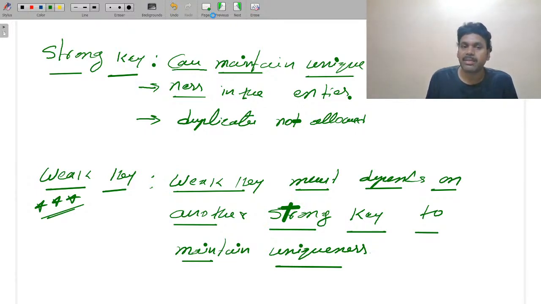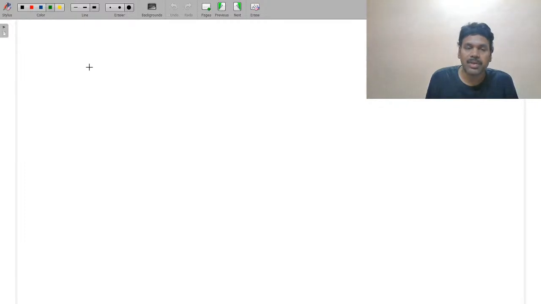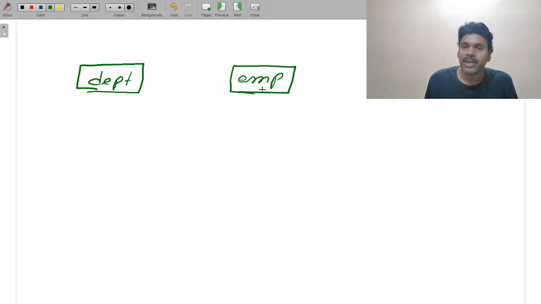If I am saying there is a requirement, this is a department instance, observe carefully, and this is an employee instance. This time I'm not writing in table format, I'm writing in ER model only. So I said already, a table name or entity is represented using this rectangle and attributes are represented using circles.